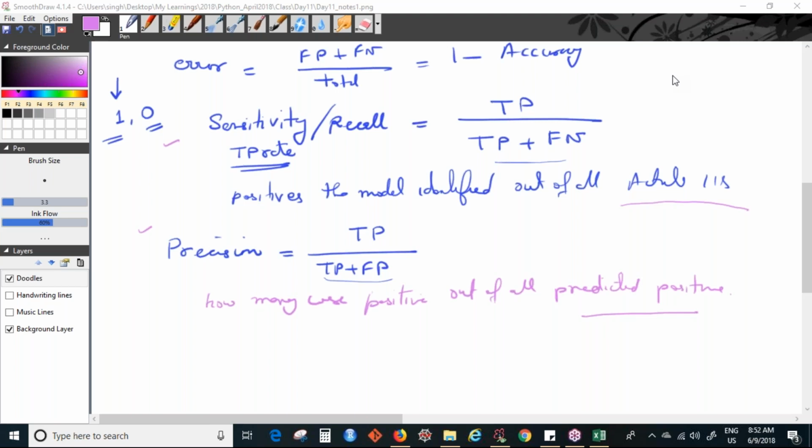Yes, Nitish. You told something like 2 by 3 in precision.